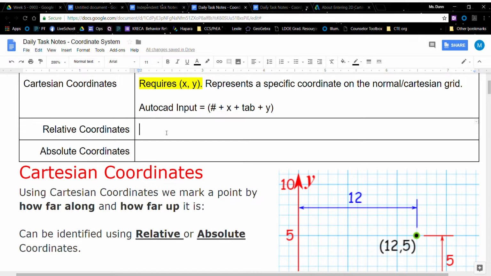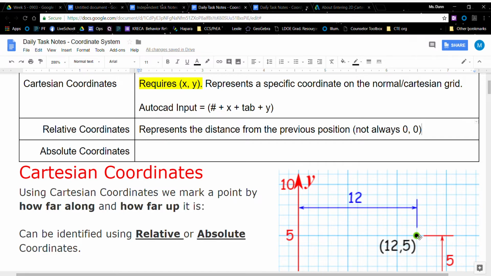So what do I mean when I say relative? Relative actually represents the distance from the previous position. It's not always 0, 0. Let's say if my new point that I'm starting at is 12, 5.